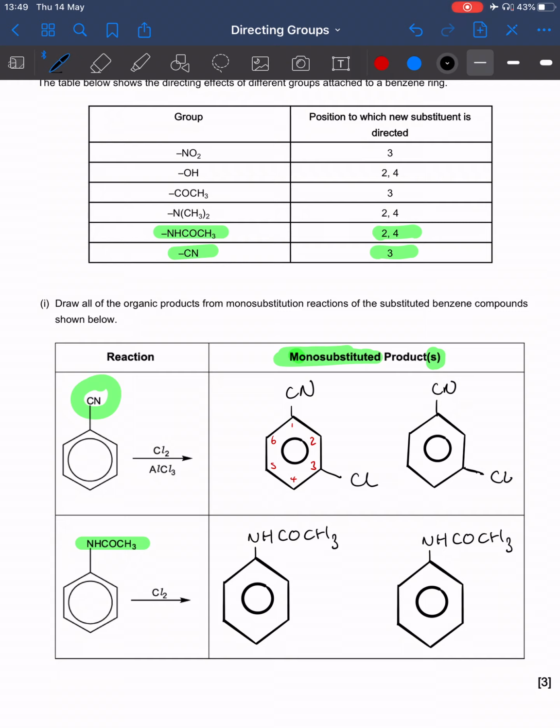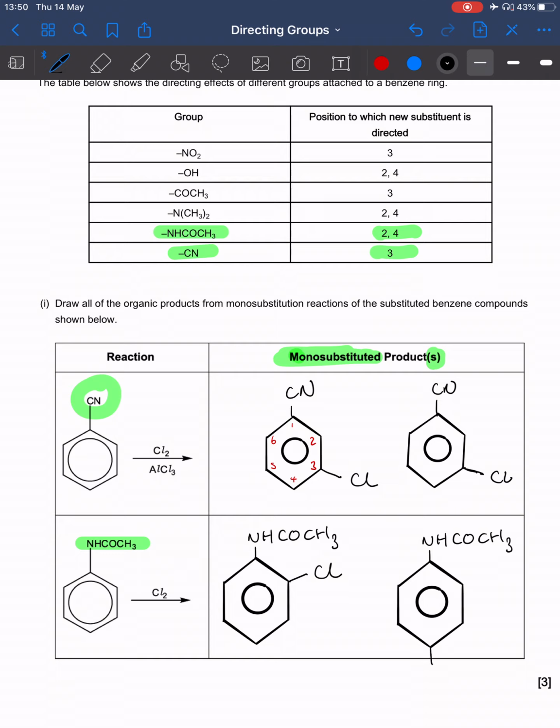Notice, because of its increased reactivity, because it is a donating and activating group, Cl2 doesn't need a catalyst to react with the benzene ring. So we could substitute on to the second, which is exactly the same as saying onto this side, but we're talking mono substitution, so we're not going to double it down.